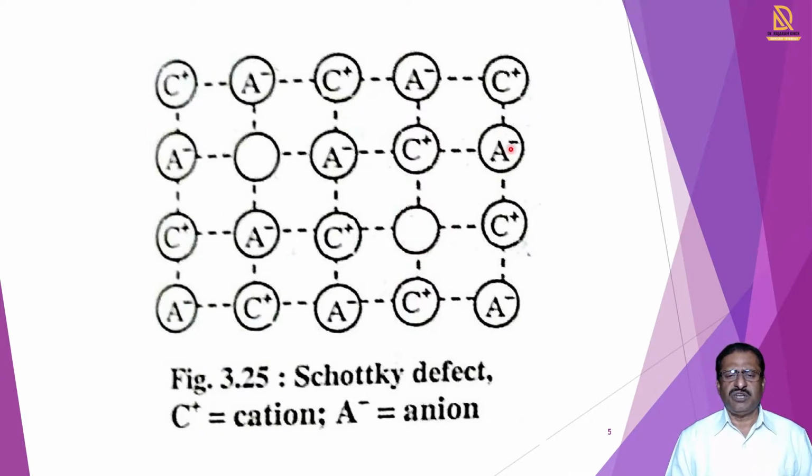From this crystal, one cation and one anion lose their positions and there is formation of a defect that is called a Schottky defect. In the other example, four cations and four anions lose their positions. That is also a Schottky defect. So simply we say that a Schottky defect means the same number of positive ions and negative ions lose their positions and there is formation of vacancies.